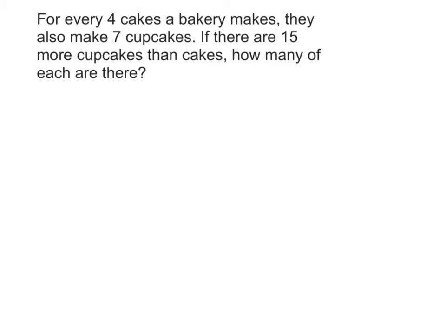Okay, so we can first make a tape diagram. So we have cakes. We can even draw little pictures. So here we have a cake, and then we also have cupcakes.